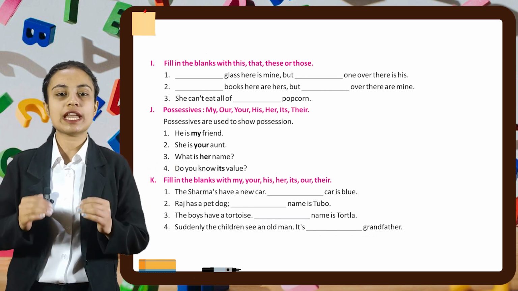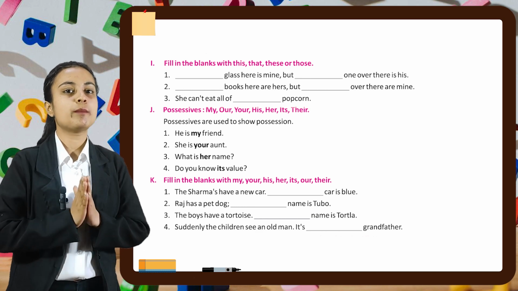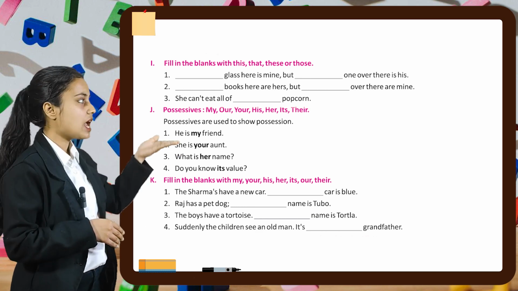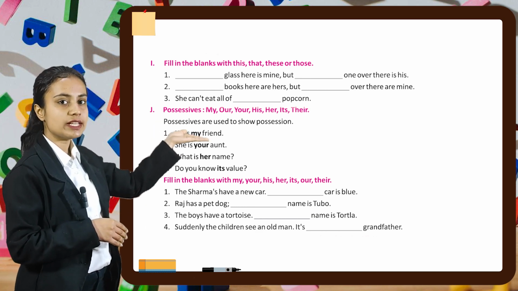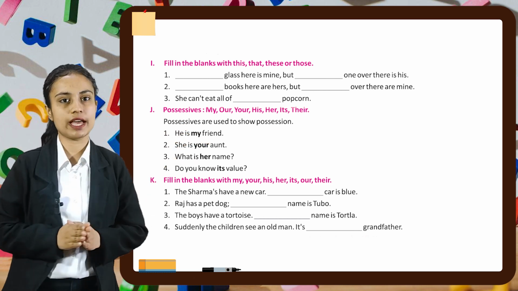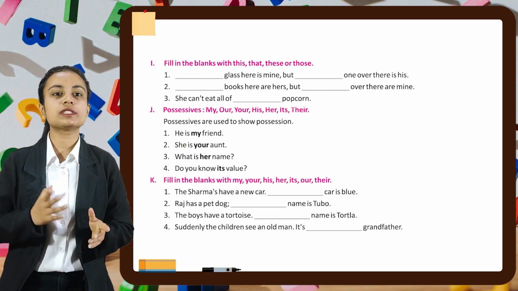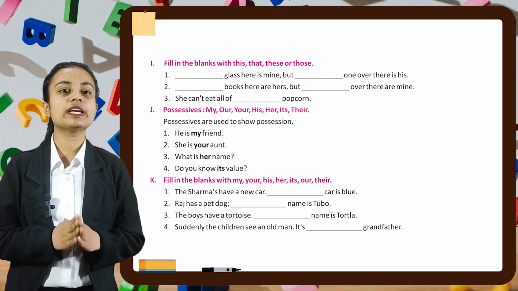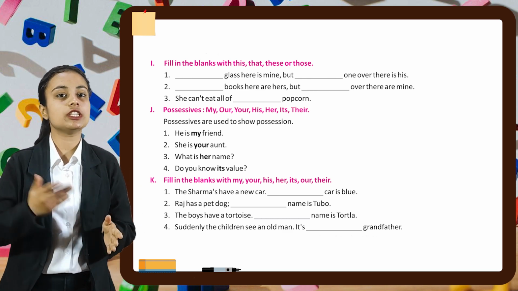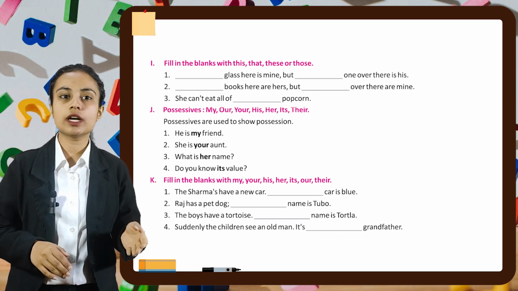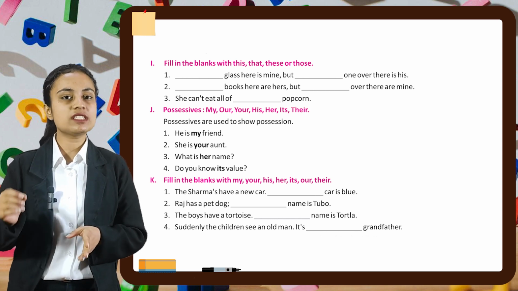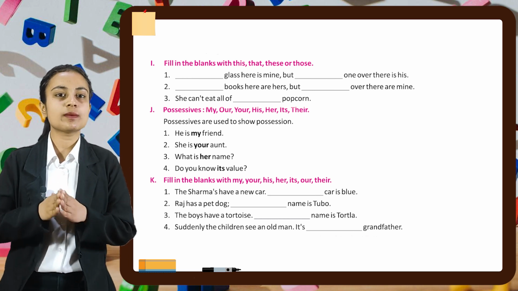Let's move on to the next part, which is possessives: my, our, your, his, her, its, their. Possessives are used to show possession. For example, he is my friend. She is your aunt. What is her name? Do you know its value? Now let's do some questions.